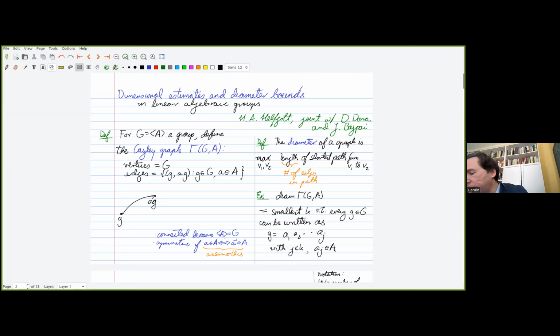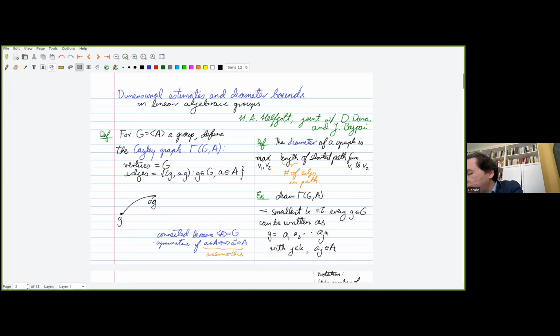And the diameter of the graph is the maximum over all pairs of vertices of that distance, that length of the shortest path. So if you take a city, the diameter of the city is, you take the worst choice of two points and you see how long it takes you to get from one to the other. All right, so it's nice when the diameter of a group is small.